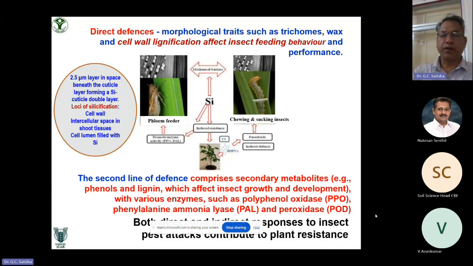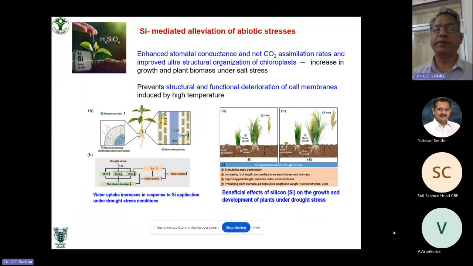Some of the various enzymes like polyphenol oxidase, phenylalanine ammonia lyase and peroxidase. These are some of the organochemicals which play a significant role and induce resistance to pest incidence. And another most important aspect, especially abiotic stresses of different nature.